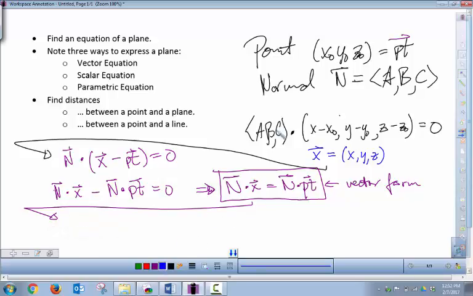So let's see, n is ABC, x is x, y, z, right? This is equal to ABC dotted with pt, which is x naught, y naught, z naught.